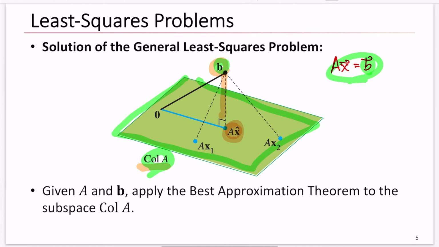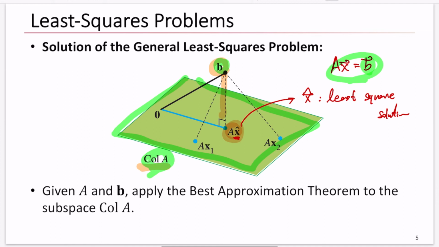So in this case, we call x hat a least squares solution.